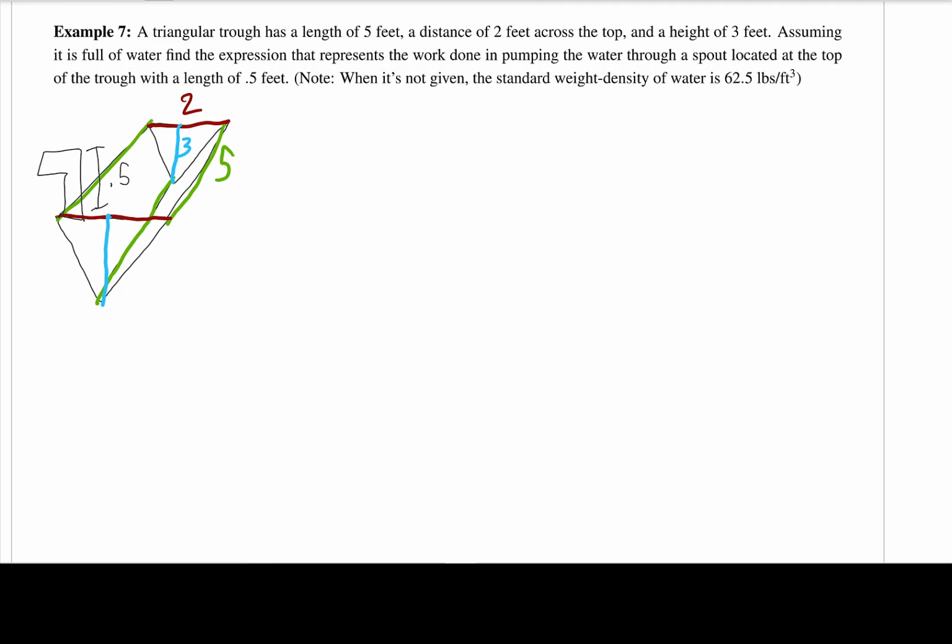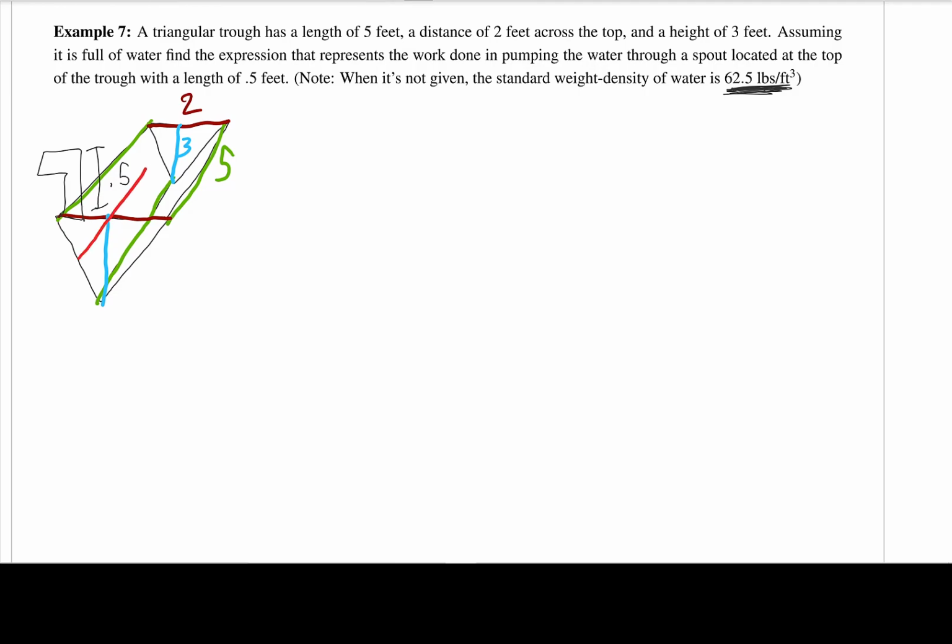Now, the weight density of the water has not been given. When it's not given to you, it's safe to assume that it's going to be 62.5 pounds per foot cubed.